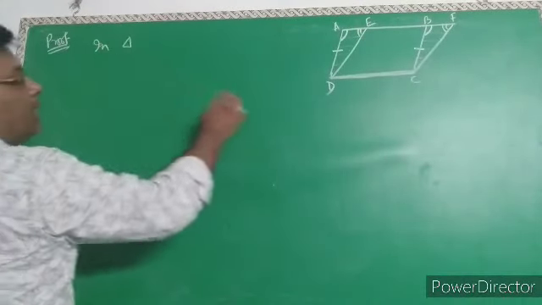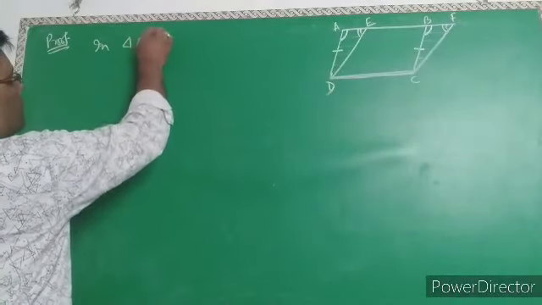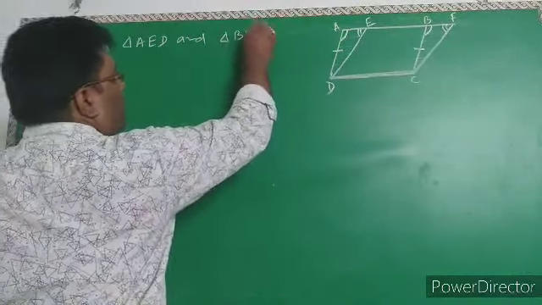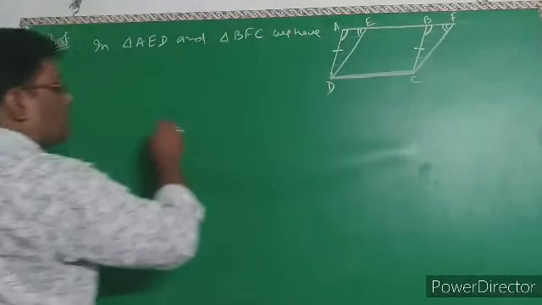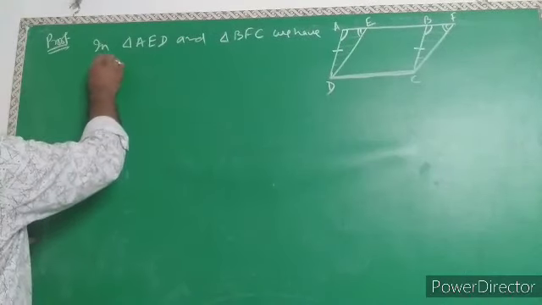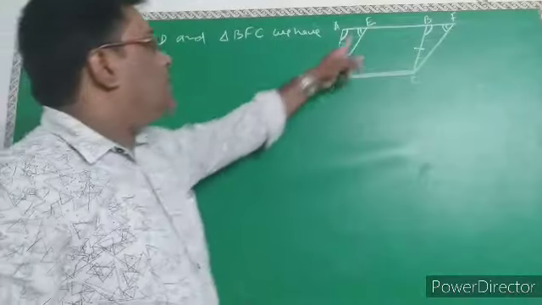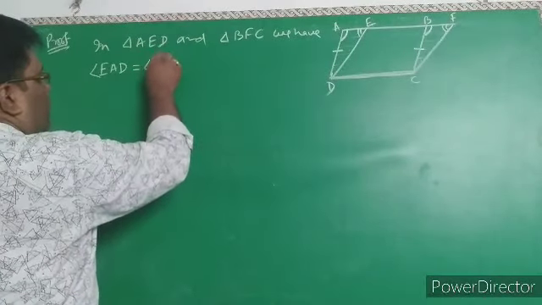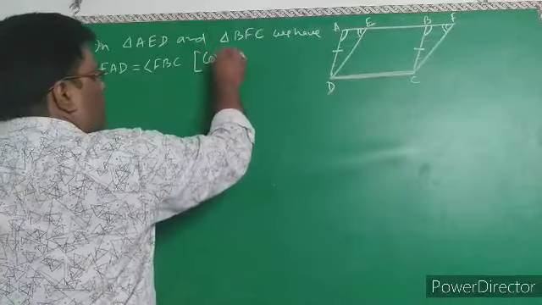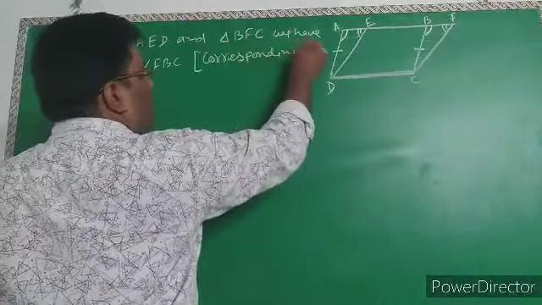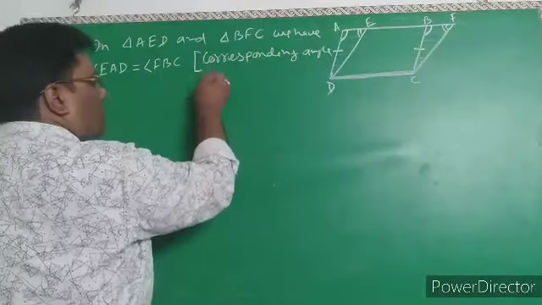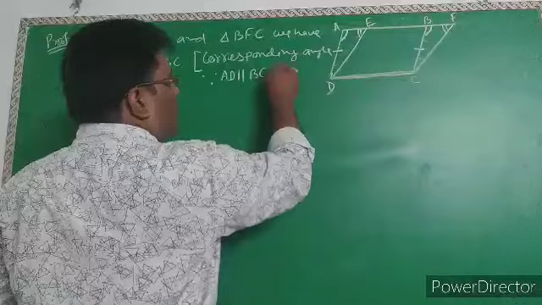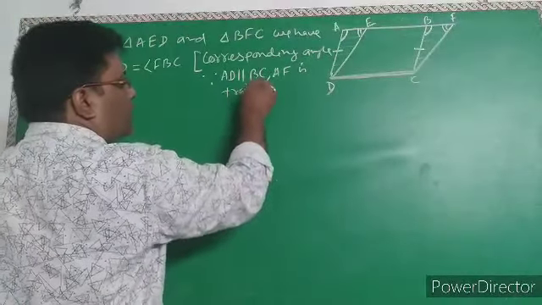in triangle AED and triangle BFC, we have angle EAD equal to angle FBC, corresponding angles, since AD is parallel to BC and AF is the transversal.